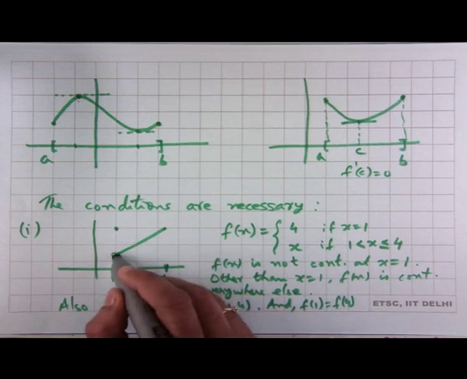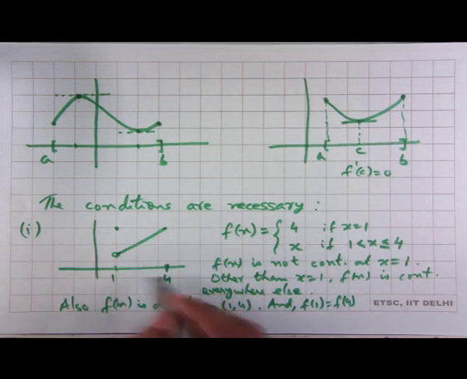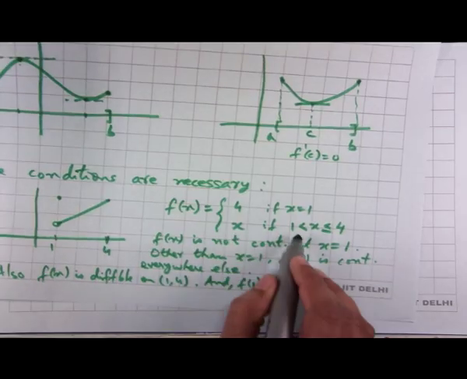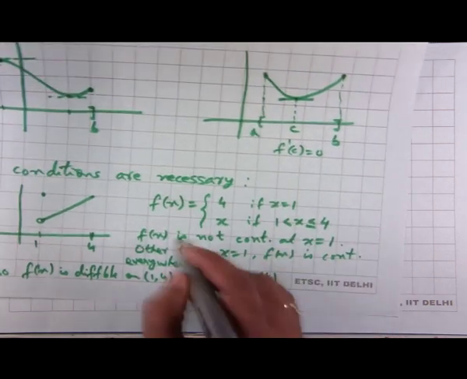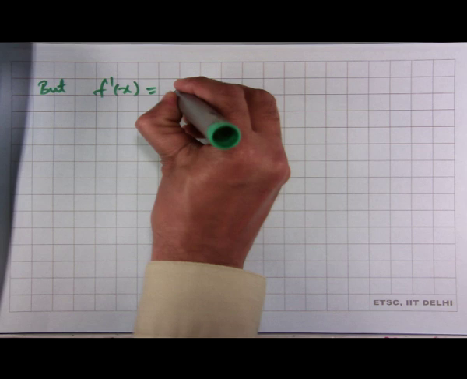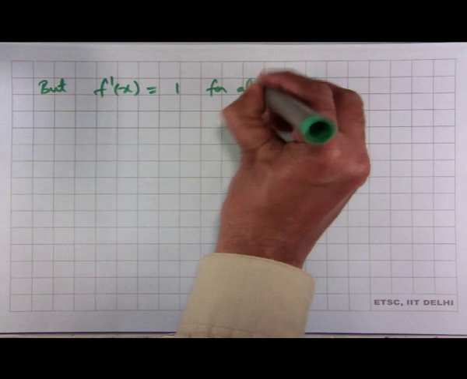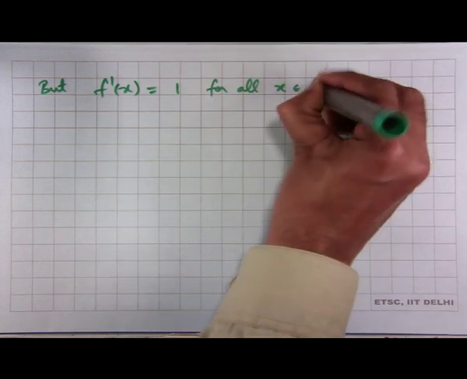In the open interval (1, 4), f(x) is equal to x, so f'(x) is equal to 1 for all x belonging to (1, 4).